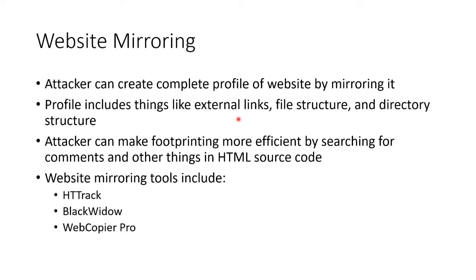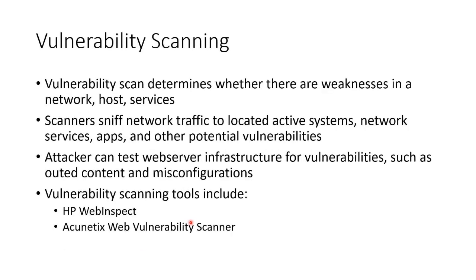We can make our footprinting more efficient by searching for comments or other things in the HTML source code. And there are tools for mirroring sites, HTTrack, Black Widow, Web Copier Pro. There are more tools actually, so just a few examples. We could vulnerability scan the website to see if there are weaknesses in the network or the host or the services. We can sniff network traffic, but we'd have to be right next to the active systems or the apps or the services to look for potential vulnerabilities.